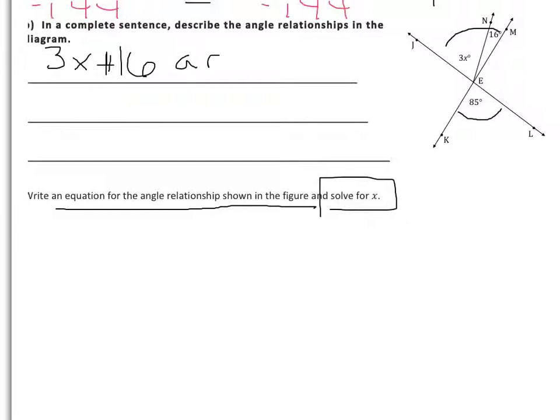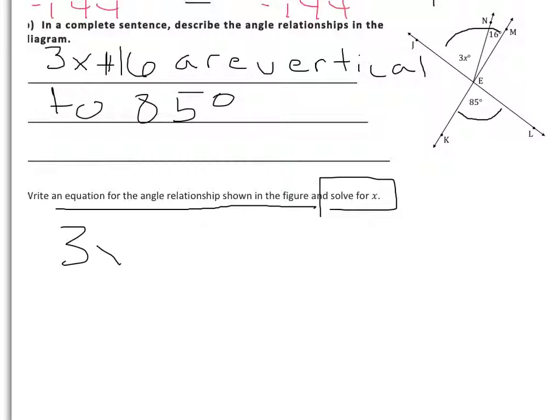So 3x plus 16 are vertical to 85 degrees. Well, that means they're equal. So down here we have 3x plus 16 is equal to 85.